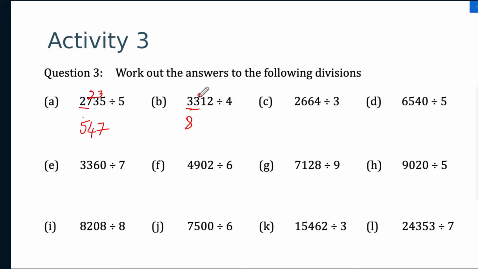It means there will be a remainder of 1. 4 goes into 11 twice. 4 times 2 is 8, and there's a remainder of 3. 4 goes into 32 8 times. So the answer is 828. Okay? So that's how you do it.